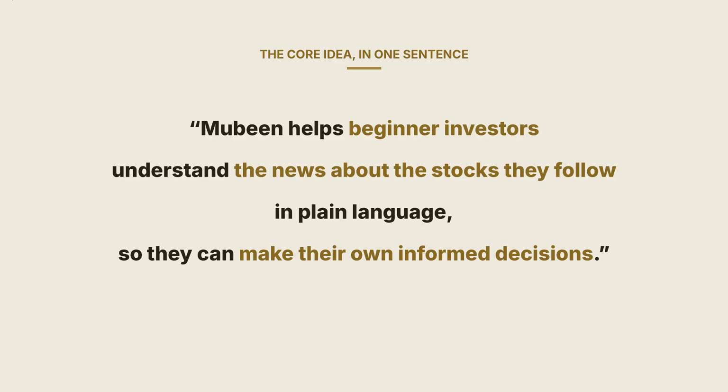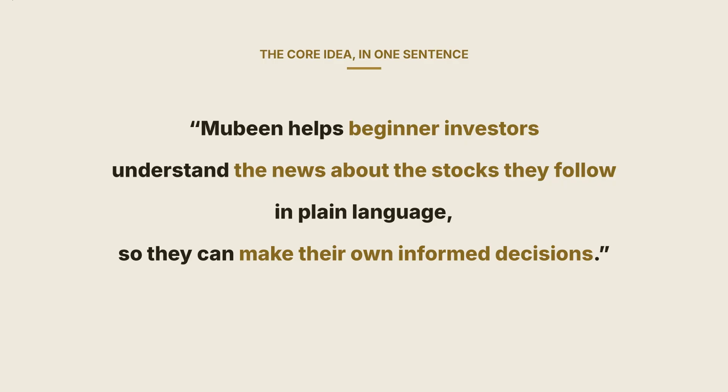Mubeen will not tell people what to buy or sell. The goal is to help beginners understand what is happening in the market quickly and clearly so they can make their own decisions.